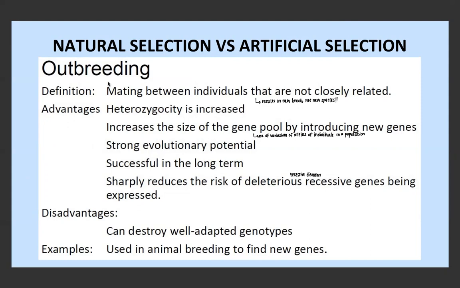And if we then look at outbreeding and, for example, mix that population with a population of the same species from a very different environment, with a lot of variation between the populations, this could destroy the well-adapted genotypes and mean that the initial population that was quite well adapted has now got genes introduced that make the phenotype less well adapted. So that could be a disadvantage. But in general, outbreeding is usually more beneficial than not.